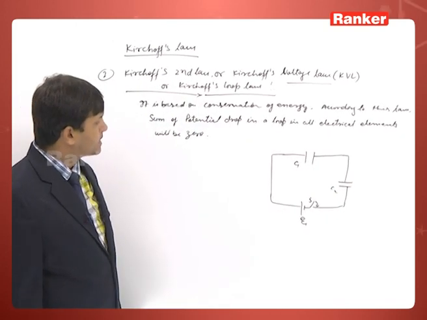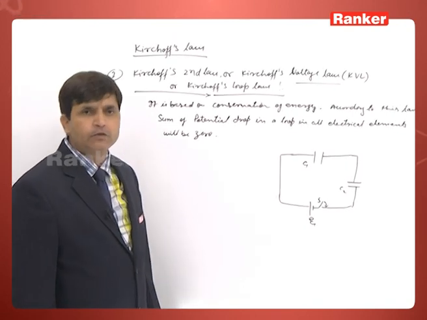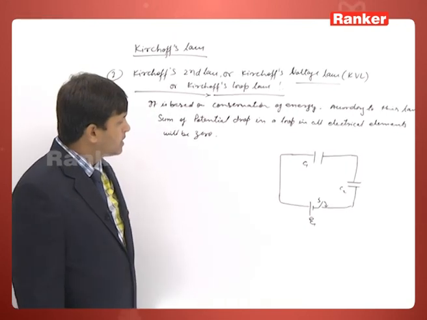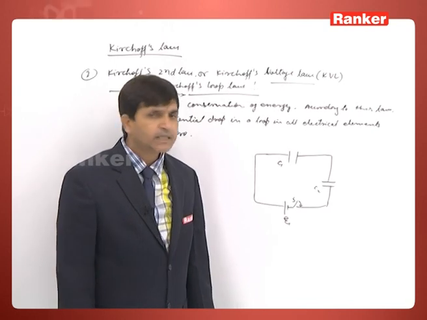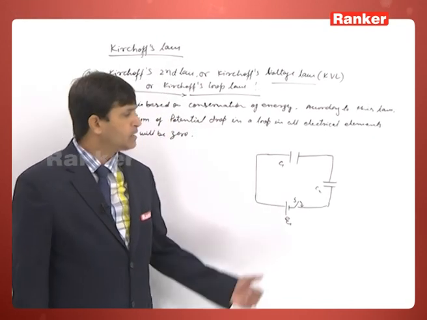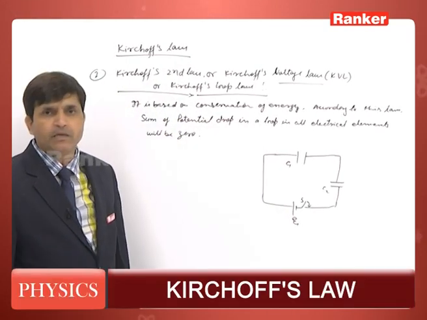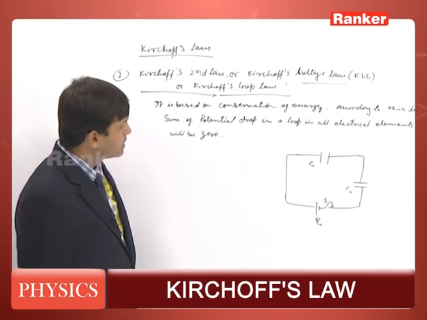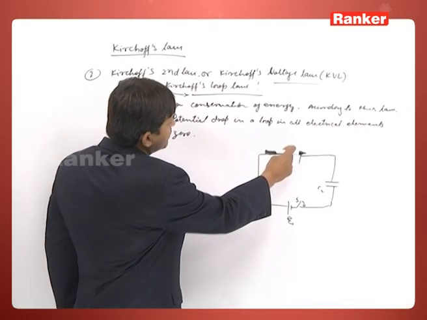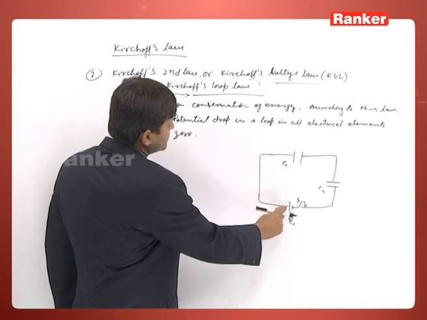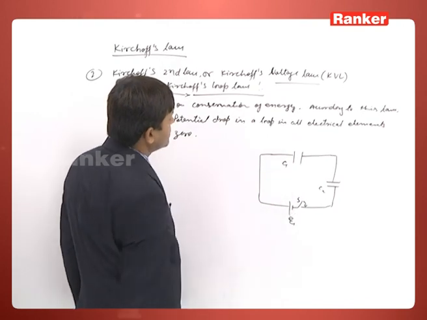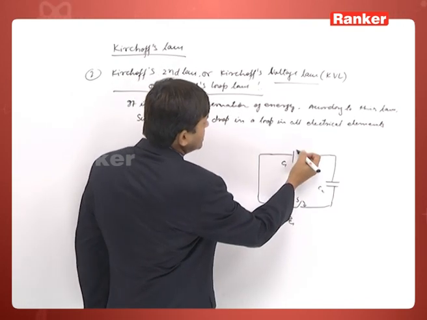Because of this connection, flow of charge took place. As we know, electrons flow from lower potential to higher potential. So when electrons start moving from this plate to this plate, this plate becomes positively charged.